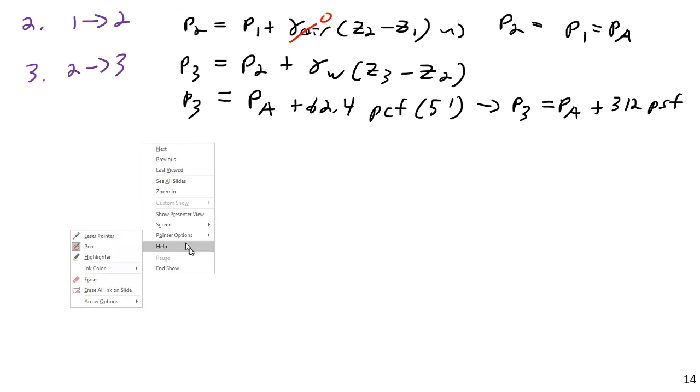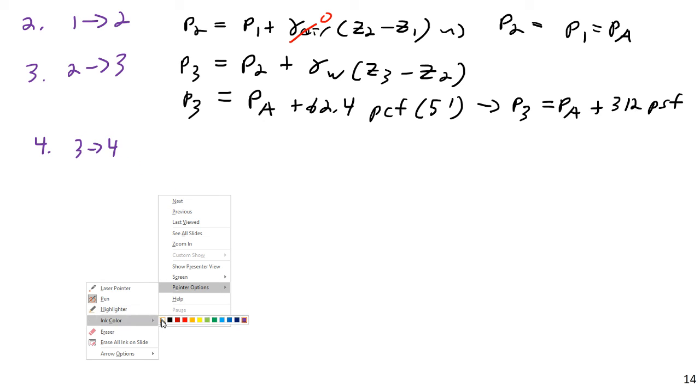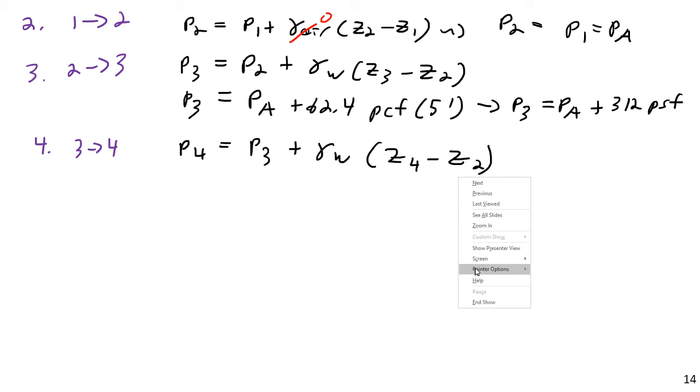Next, step 4, I'll go from 3 to 4. P4, actually this is going to be our final step, is going to be P3 plus gamma of water times Z4 minus Z3.